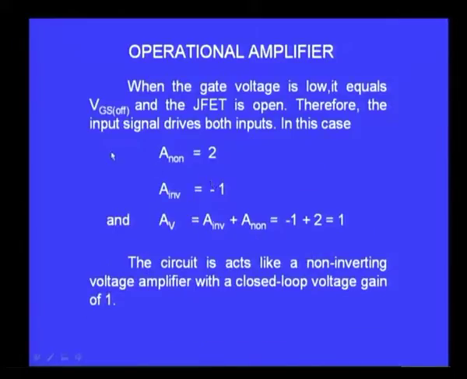If that is the case, you know what is the total voltage gain. We have seen it earlier also by using superposition, and the total voltage gain is 1. We have already seen that. So, when the gate voltage of the JFET is 0, you get a very simple non-inverting amplifier with a closed loop gain of 1.